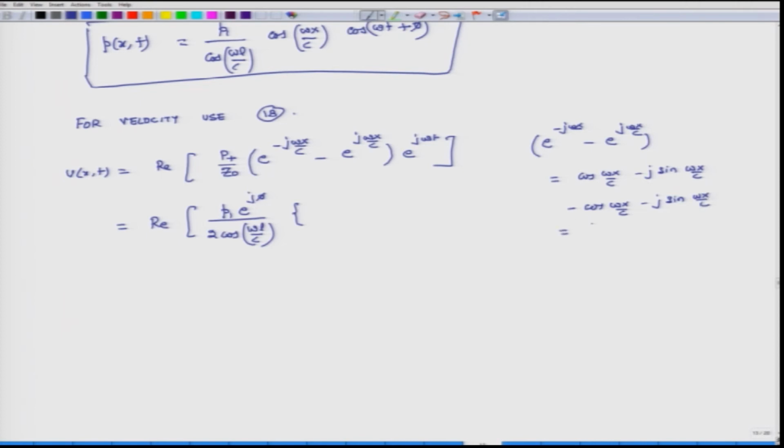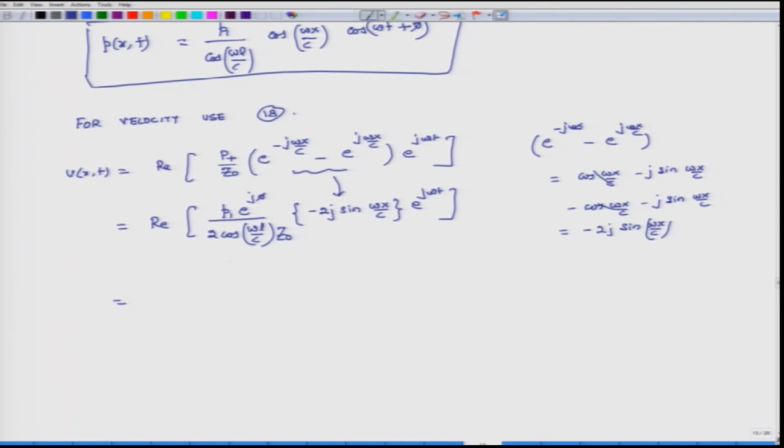So, these two cancel out, and I get minus 2j sine omega x over c. This is what I get. So, this thing is nothing but minus 2j sine omega x over c, e to the j omega t, and there is also a z naught here.